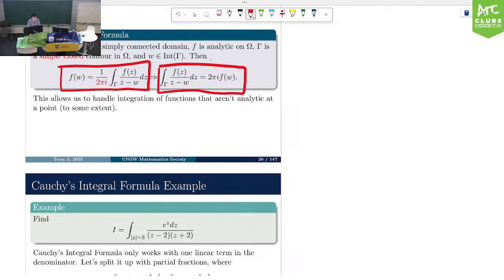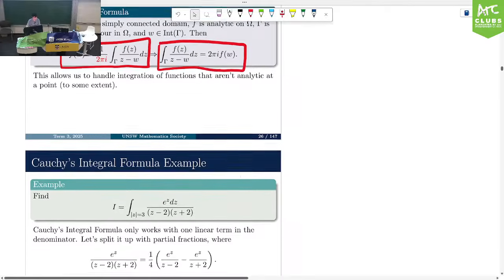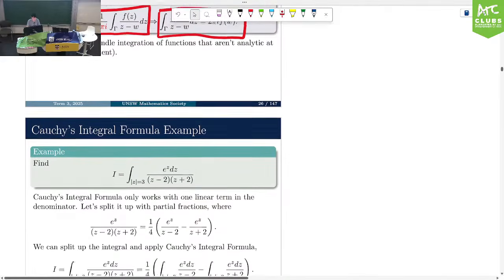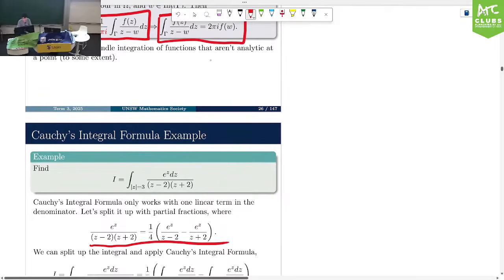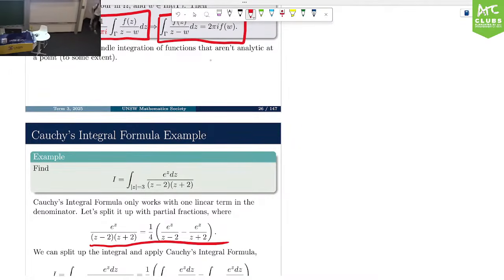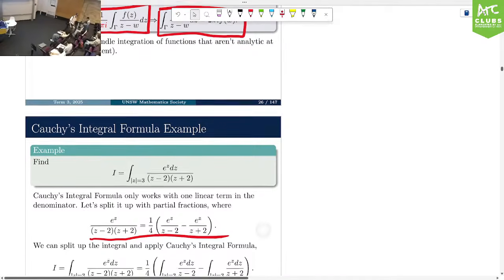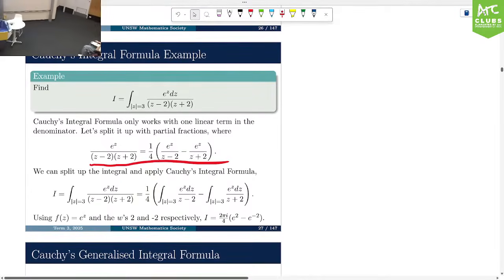But luckily, we have learned something in Math 1B called partial fractions, which allows us to convert it to two functions of e to the power of z on some z minus a constant form, like over here. After that, we can use the fact that the integral of the sum is the sum of the integrals, and that we can pull any constants outside the integral to arrive at this.